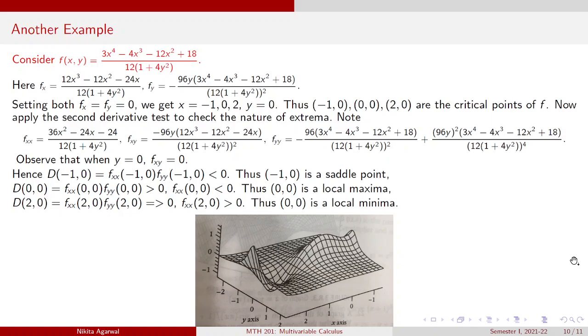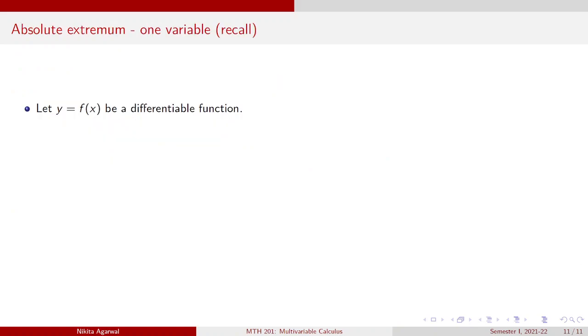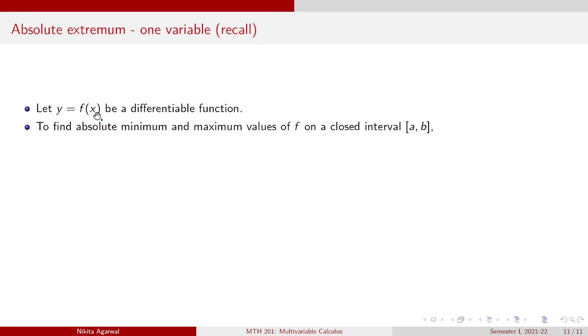Okay. So now this is a preamble to the next lecture. So in one variable calculus, you talk about absolute extrema, right? And how do you compute absolute extrema? So suppose you have a function of one variable, y equal to f(x), a differentiable function.